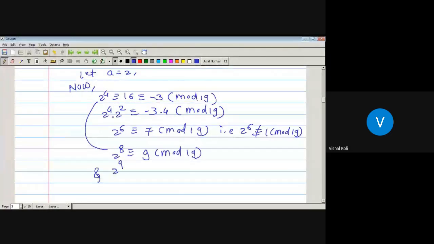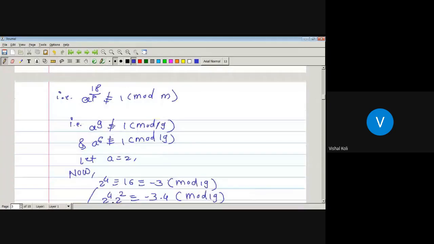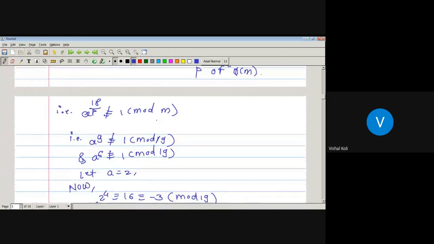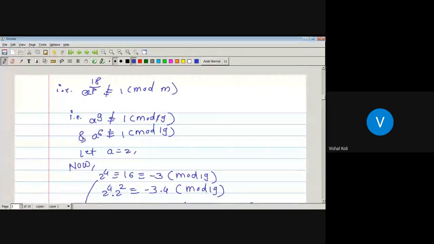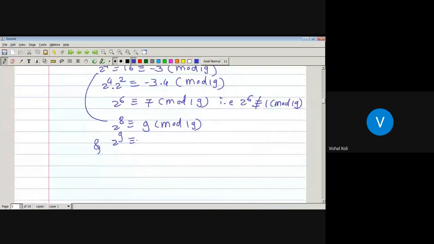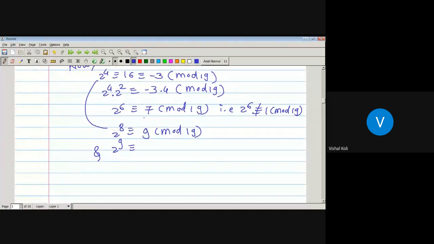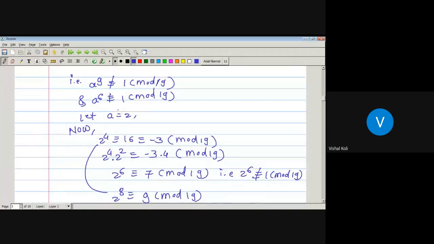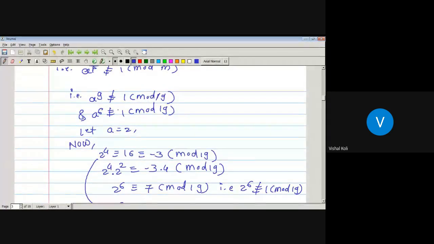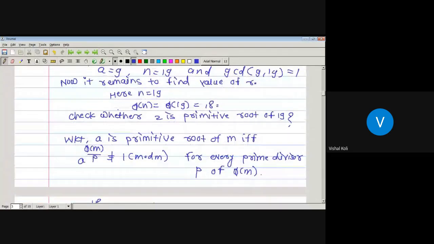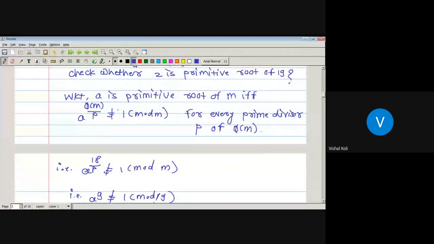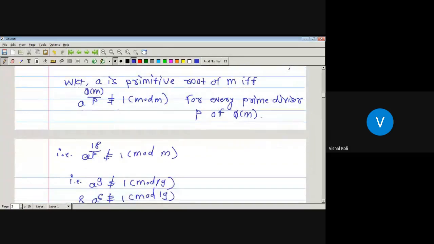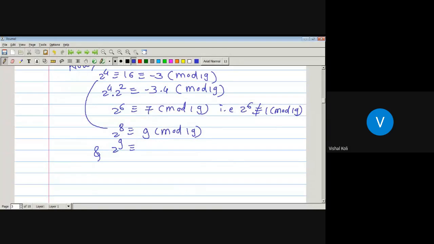And 2 raised to 9 is congruent to 9 into 2, which is 18. 18 modulo 19 is nothing but minus 1.